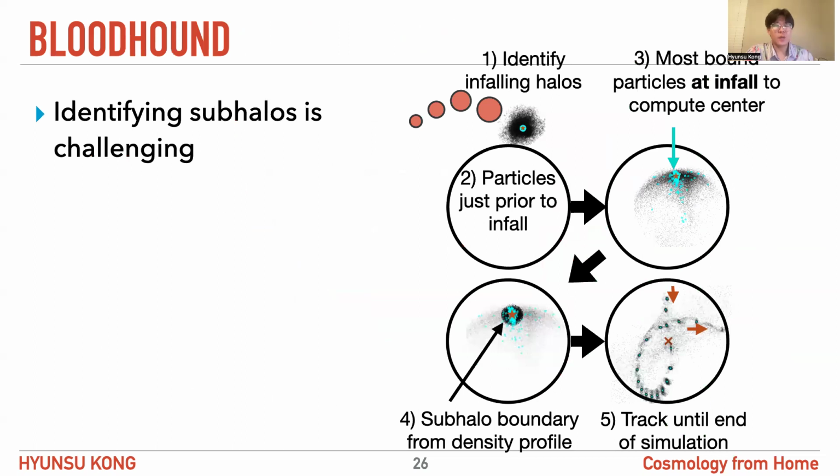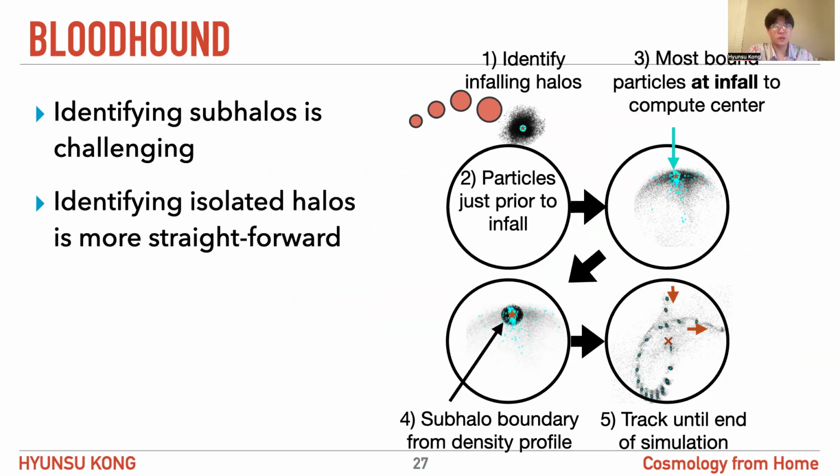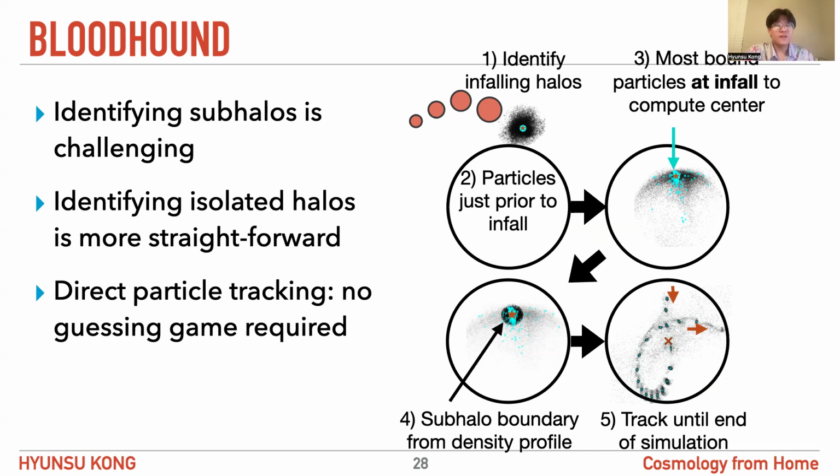Bloodhound approaches subhalo tracking with a straightforward philosophy. While identifying subhalos is hard, especially if they're embedded deep within the host, identifying isolated halos before they become subhalos is relatively straightforward. Once infalling halos are identified, we can track their particles forward in simulation time.